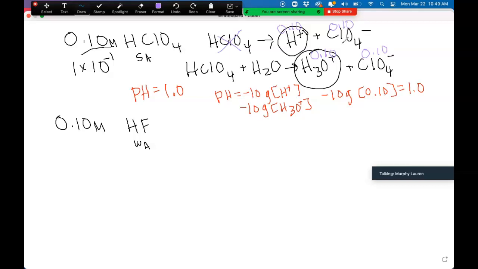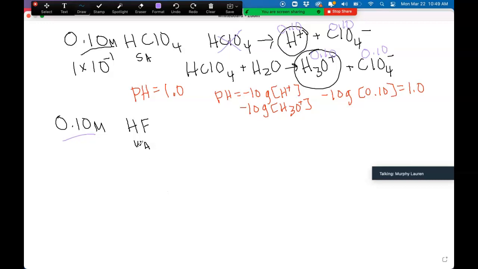So because it 100% ionizes, off the bat, I know the hydrogen ion concentration and I can solve for pH. This is not true for weak species. You do not know the hydrogen ion concentration based on this because weak species do not fully ionize. That creates an issue and it also creates more work for you.